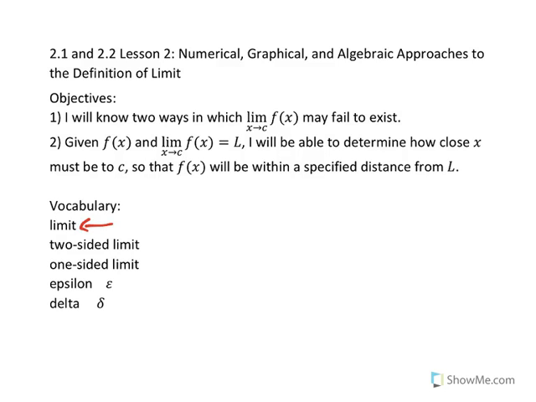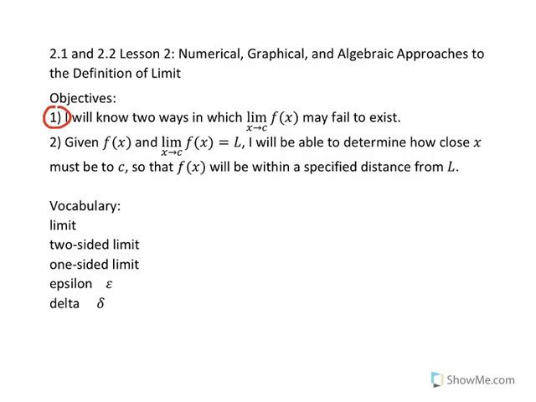As we look at objective 1, we will talk about what we mean by a two-sided limit, which is what we considered yesterday, and what is a one-sided limit. And then as we look at objective 2, we will look at the Greek letters epsilon and delta and how they're used to help us be more precise in our discussion of what a limit is.